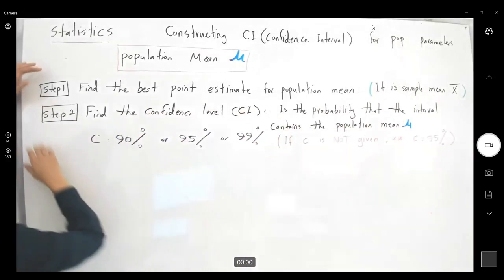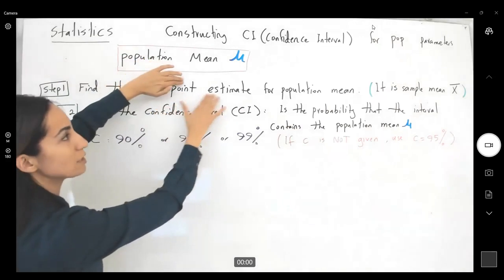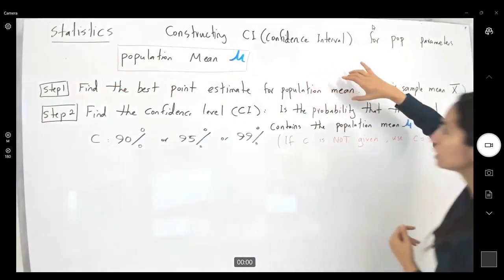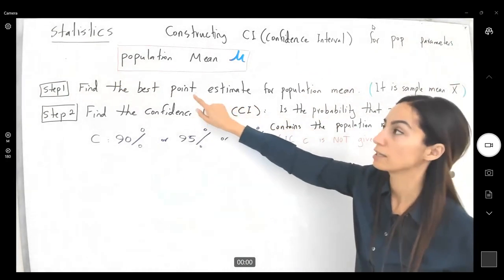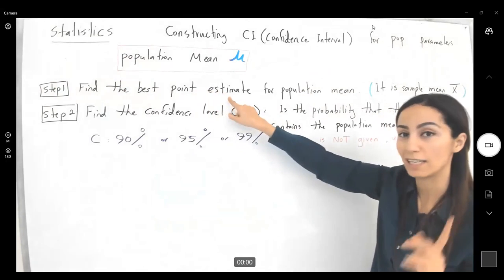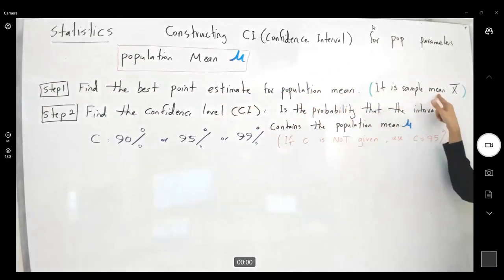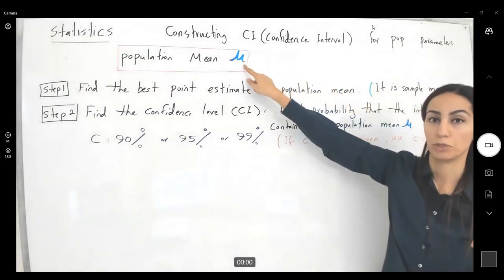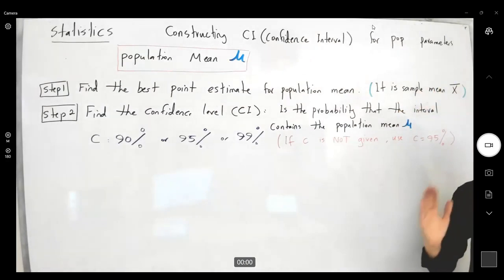In the very first step, you're going to find the best point estimate for population mean, or mu. In statistics, the best point estimate for population mean is sample mean. Population mean is denoted by mu. Sample mean is denoted by x bar.